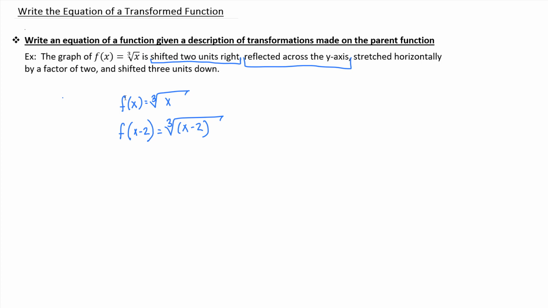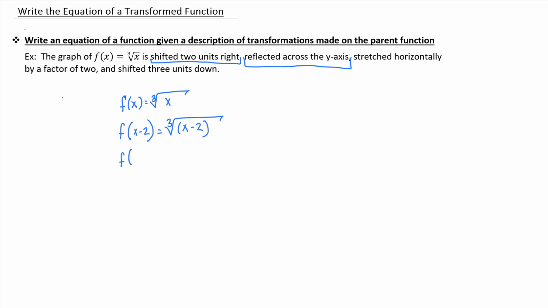The next transformation we have is it's reflected across the y-axis. So if you were to take this function where we left off and apply a reflection across the y-axis, that means we have to apply a negative to our x's. So think opposite letter with reflections. Where there was an x, I have to replace it with negative x.